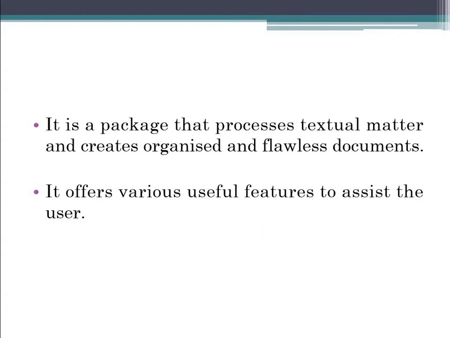We can create multiple copies. We can do mail merge, which means a single document can be sent to multiple persons very easily. And you can create it, modify it, open it, delete it, change the layout, change the font size, change the font color, and set the alignment. Multiple things we can do in the documents.